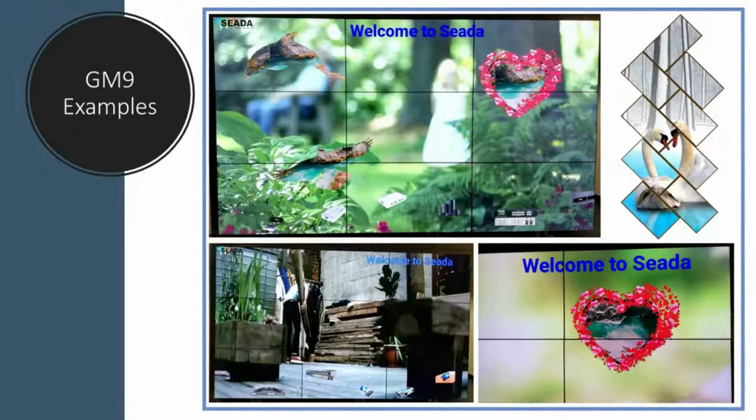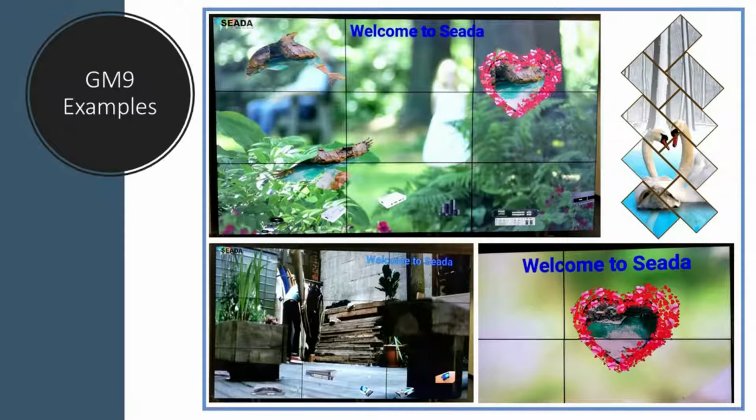This next slide is just showing a few examples of video walls using the GM9. On the far right, you can see a creative video wall display that users will be able to build, making great use of the any degree rotation function. The other displays are examples from our UK-based demo room, each showing off different features.